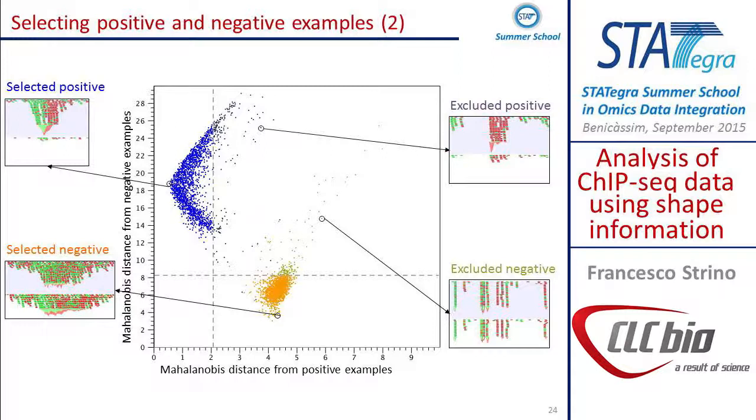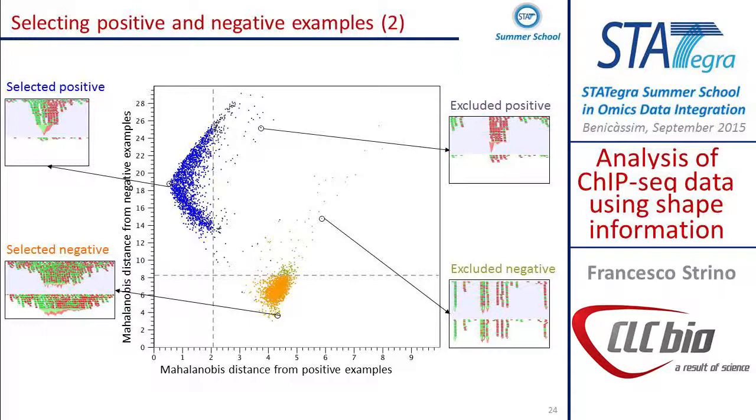But you can also select a positive that looks like this, which is kind of exactly halfway, right, but it misses all the forward mapping reads. This is actually a mapping artifact, because most likely this sequence is also somewhere else in the genome, so when you map it, it will actually map to the other place. And so even though this looks exactly halfway like a positive, and it will sort of match because this half looks very much like the shape, it's not something we want to use for learning, because it's a bit messy.